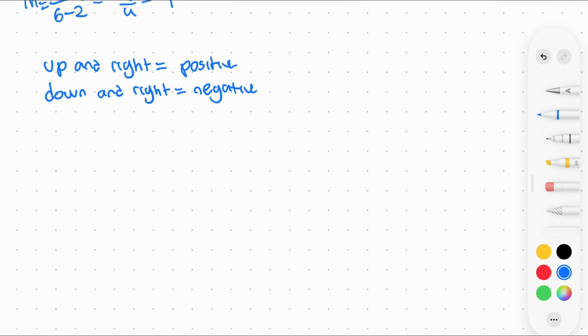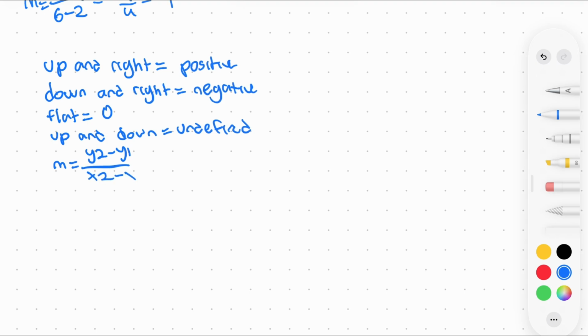And a flat line will have a slope of 0. Straight up and down equals an undefined slope. And most importantly, the formula for slope, which is m equals y2 minus y1 over x2 minus x1.